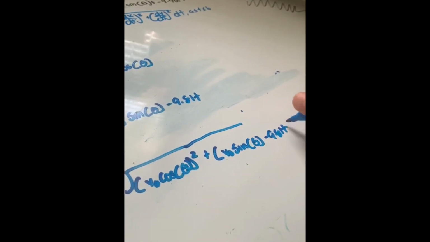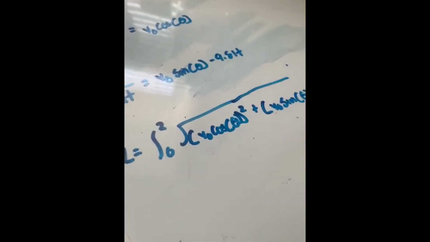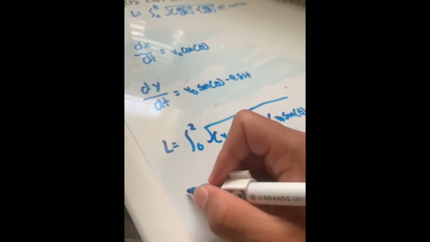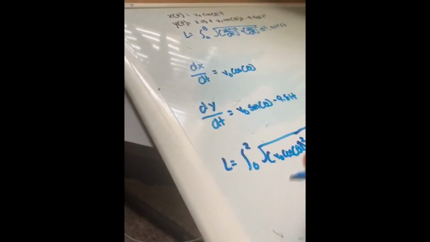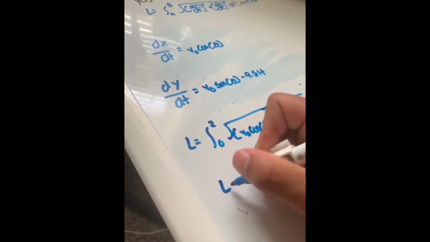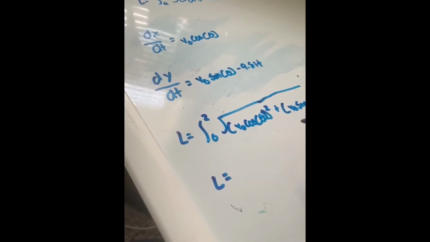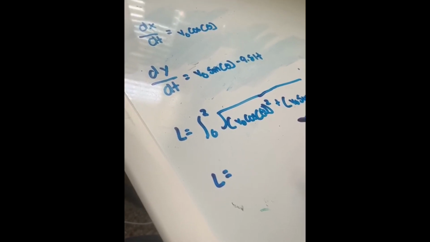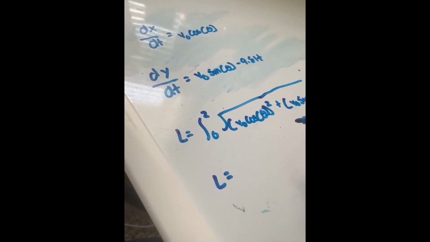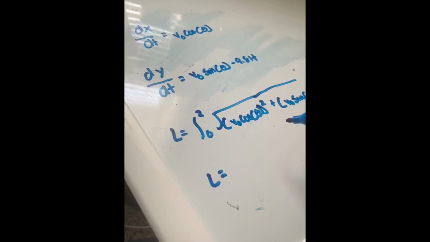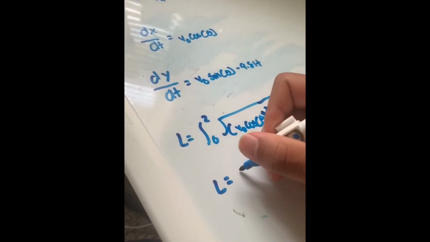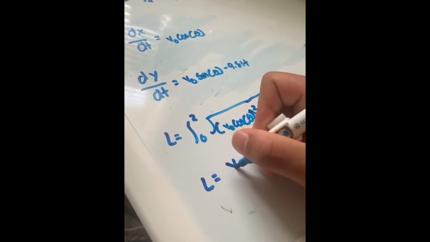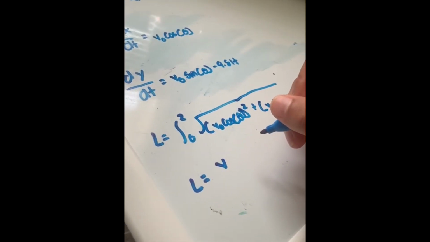So I plugged in the derivatives that I found of the horizontal and vertical function. After I plug it in, now I'm going to FOIL and simplify and come up with a simpler version of this equation.